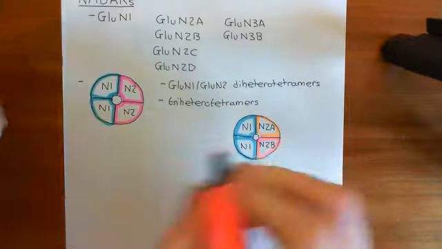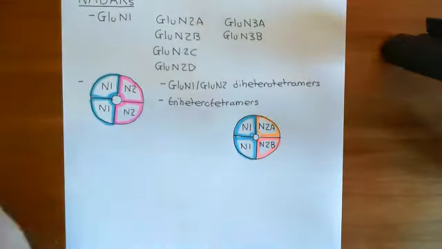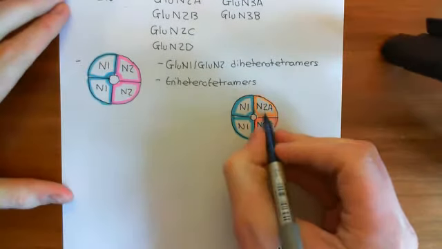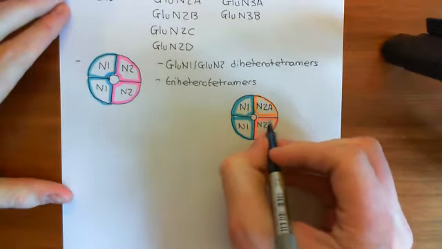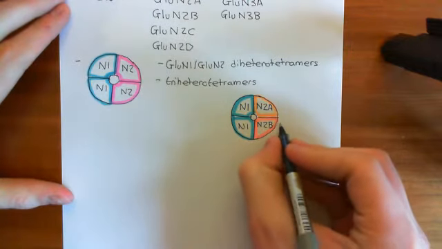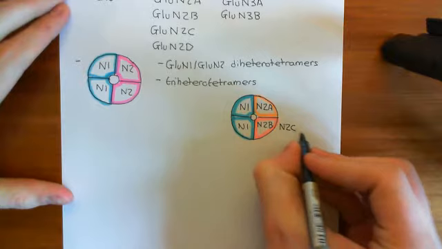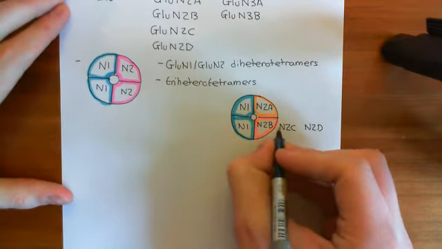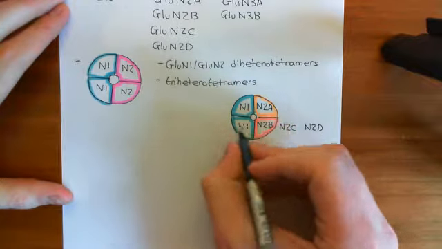Okay, so what other GluN1, GluN2 triheterotetramers can we form? Well, here's one where we've paired GluN2A with GluN2B, but you can also pair GluN2A with GluN2C and also with GluN2D. So just swap the B here for a C or the B for a D.